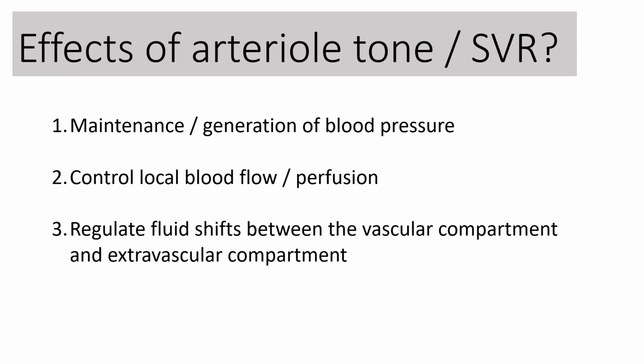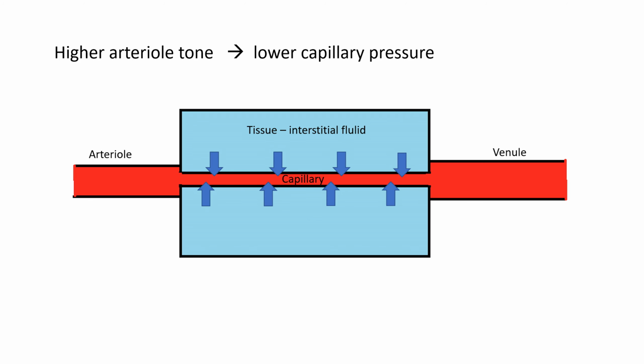Lastly, let's look at how arterial tone or vascular resistance can affect fluid shifts between the intravascular compartment and the extravascular compartment. So I've created another two amazing works of art to describe this phenomenon.